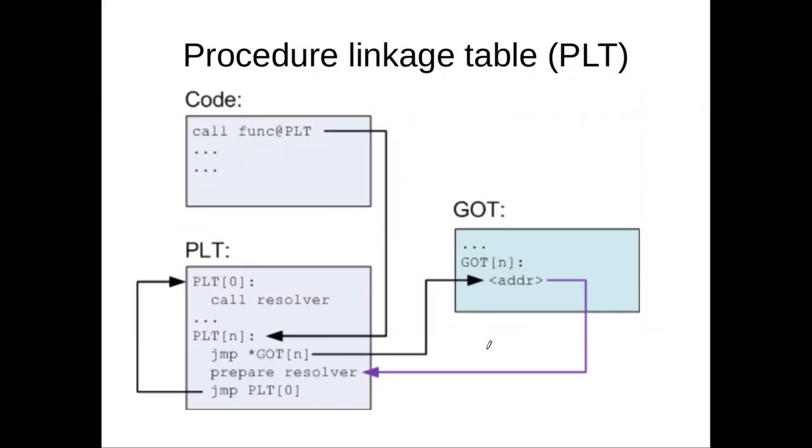It's using a data structure which is called the procedure linkage table, PLT. It's conceptually very similar to the GOT, the global offset table. So when you call a function in this slide, it will land you on an entry.